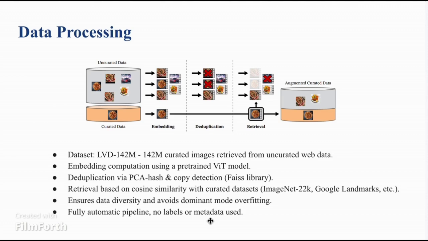This process is fully unsupervised. No labels, captions, or external metadata are required, just the structure of visual similarity itself. So the final LVD 142 million dataset balances scale and cleanness, outperforming both ImageNet 22K and raw uncurated datasets in downstream tasks, including transfer learning and generalization.